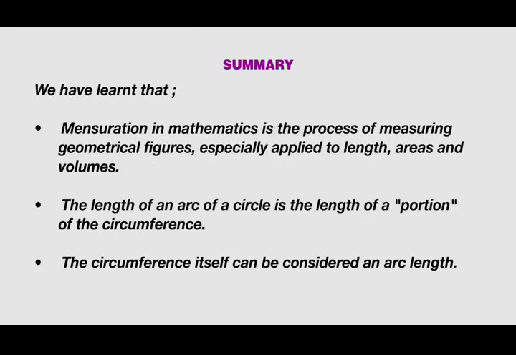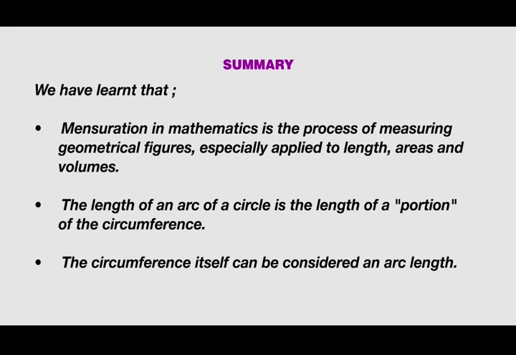So in this lesson, we have learned that mensuration in mathematics is the process of measuring geometrical figures. And by that we mean measuring the length, the areas, and volumes. We also learned that the length of an arc of a circle is the length of a portion of the circumference.